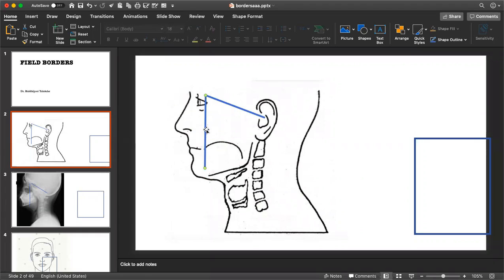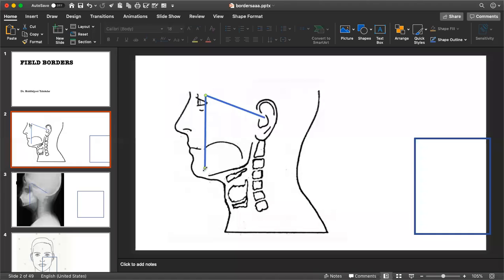Now, one thing to point out here is that whenever you're making this lateral portal, you have to angle the entire field posteriorly by 5 degrees. Why? Because you are safely saving the lens. The lens of the ipsilateral eye is somewhere around here, so you're safely saving the lens of this side.